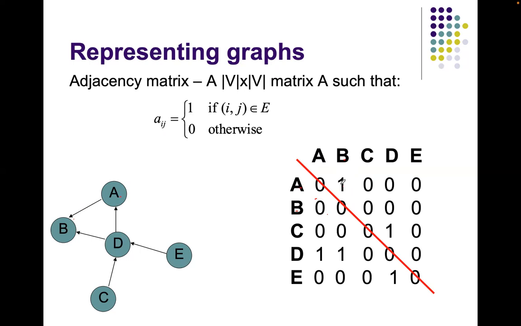So A to B is 1, but B to A is 0, which means that we have an edge from A to B. So this is not symmetric. So a directed graph is not always going to be symmetric.